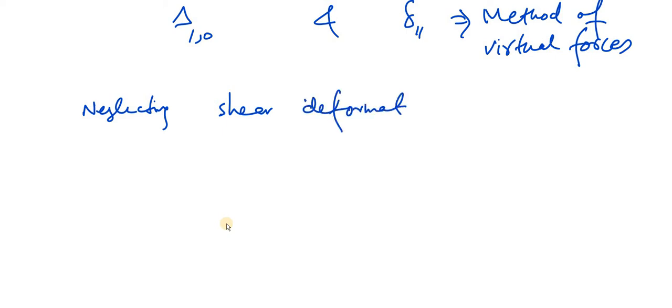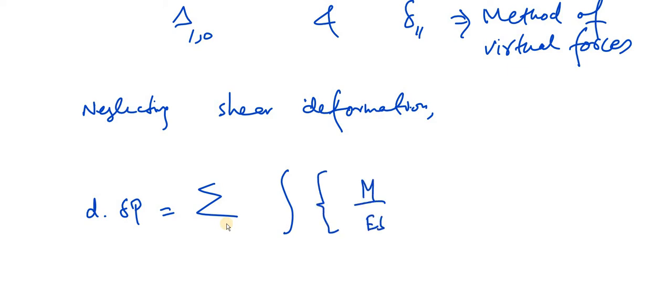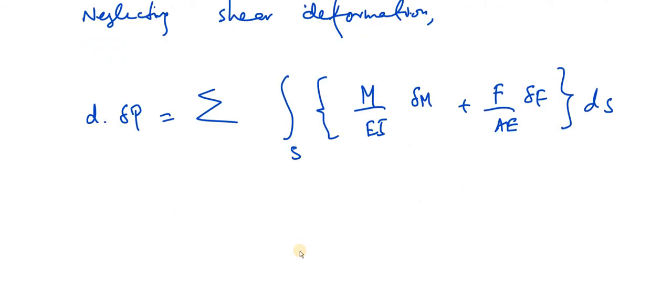If we neglect shear deformation, then we can write down this principle as this: delta p equal to summation integral M over EI delta M plus F over EI delta F ds, integral all over this span or all over the length of each member, profile of each member, and you do this for all members.